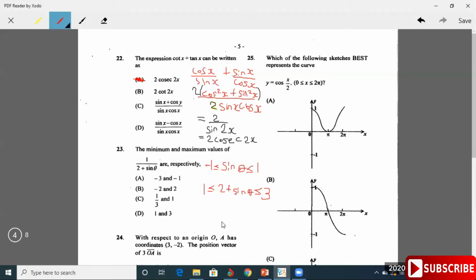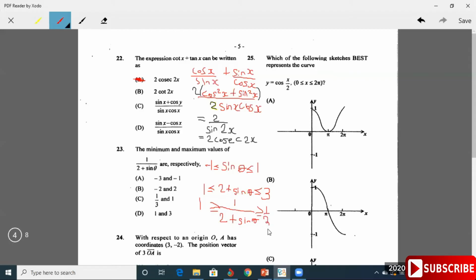And so when we take the inverse now, 1 over 2 plus sine theta, when you take inverse, you flip the signs. So flip the signs, it's going to be now less than or equal to 1 over 1 and greater than or equal to 1 over 3.